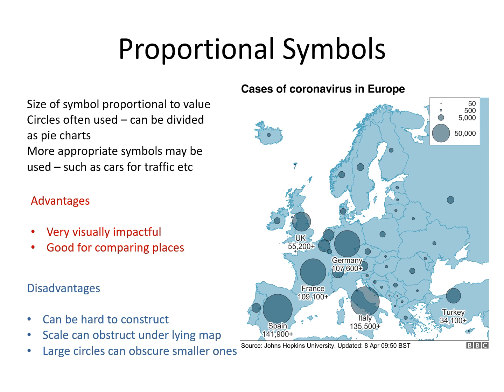It's overlaid data for coronaviruses in Europe, but it's done proportionally. So the map itself is very visual. It's good to compare places. Disadvantages are the proportionality, the circles, the different size. The bigger they are, the bigger the cases of coronavirus in this example.